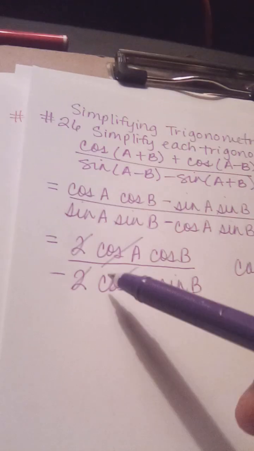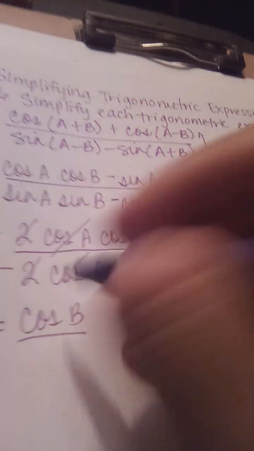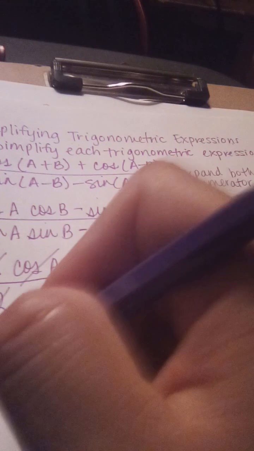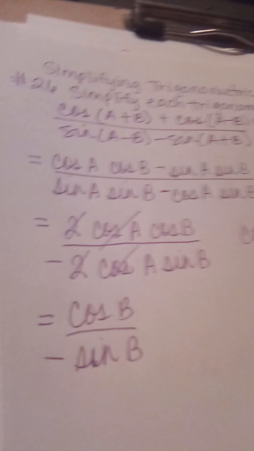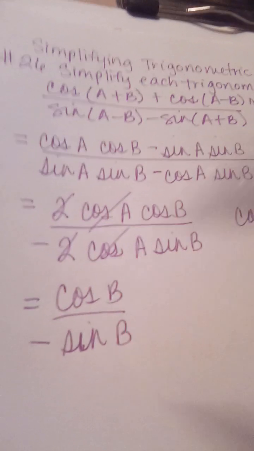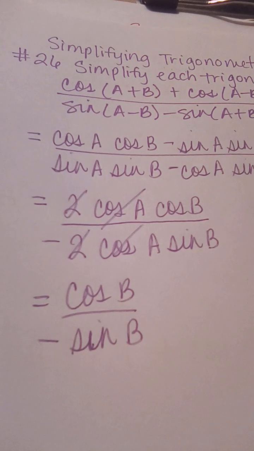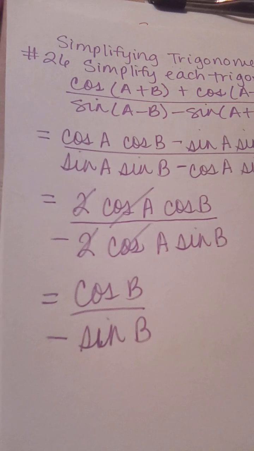Then what's left over, we have cosine B over negative sine B. All right. When you see this, what identity are we using? Anyone take a guess?